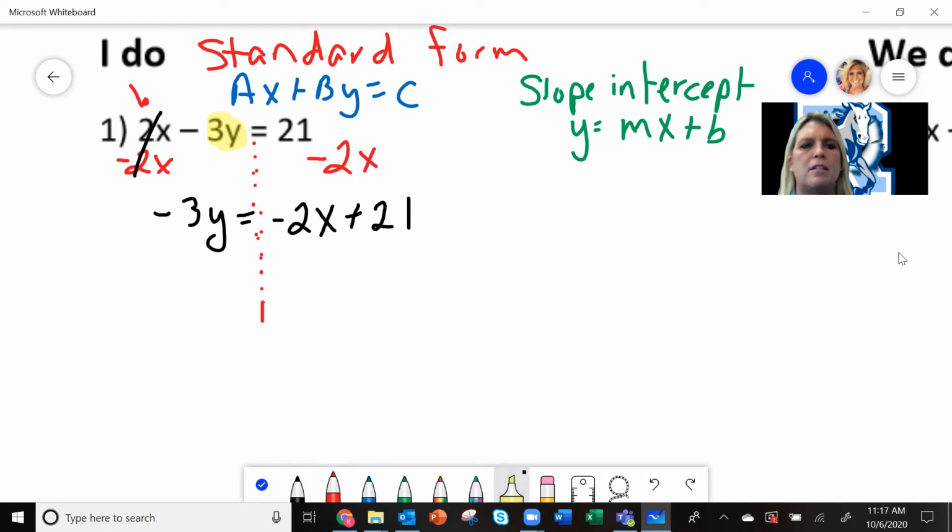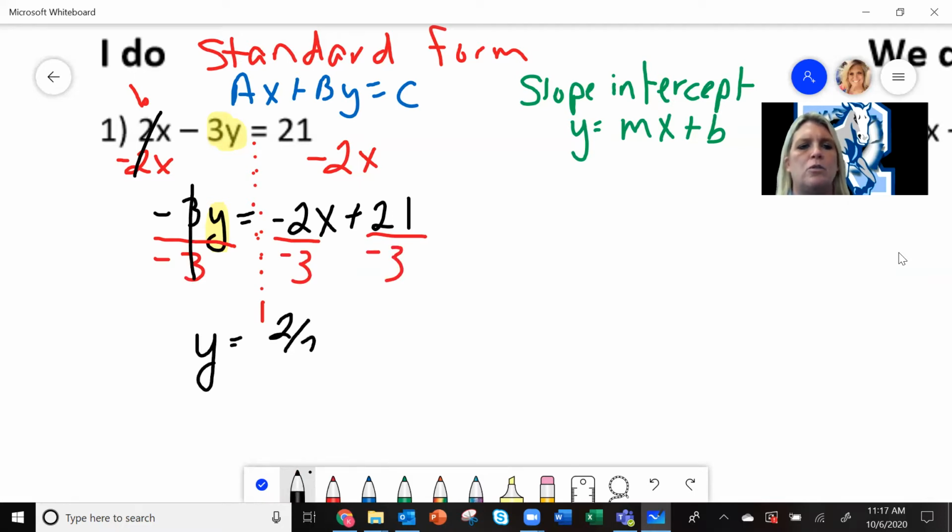From here, I still need to get y by itself, but I have a negative 3 right there with it. That's negative 3 times y. The inverse of multiplying is divide, so I'm going to divide everything by negative 3. So these cancel and I get y equals 2/3 positive, because it's a negative 2 divided by negative 3, 2/3 x minus 7.